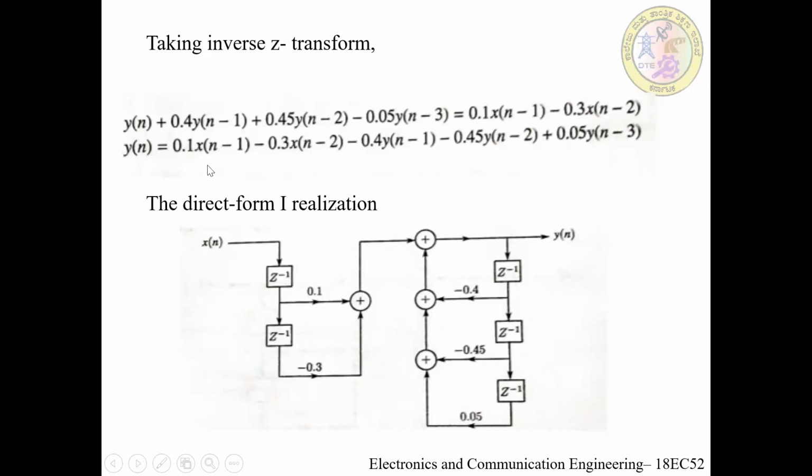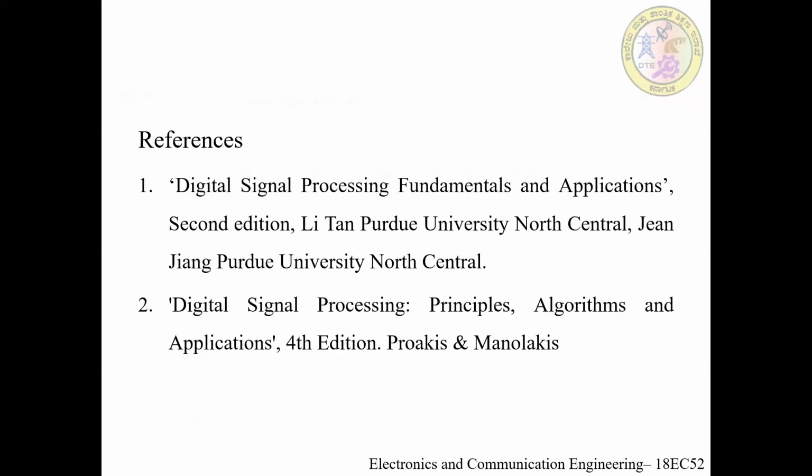So y of n is 0.1 x of n minus 1 minus 0.3 x of n minus 2 minus 0.4 y of n minus 1 minus 0.45 y of n minus 2 plus 0.05 y of n minus 3. So this is how we can realize the infinite impulse response filter's transfer function using the direct form 1 realization.